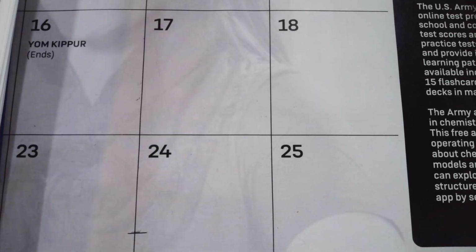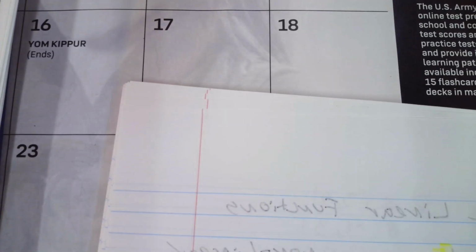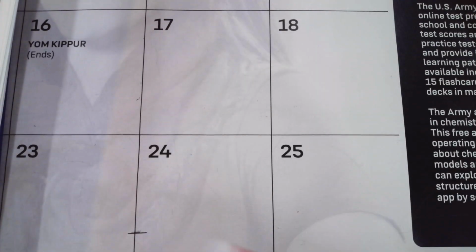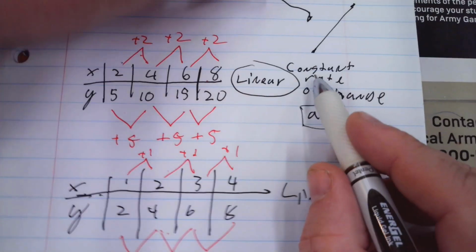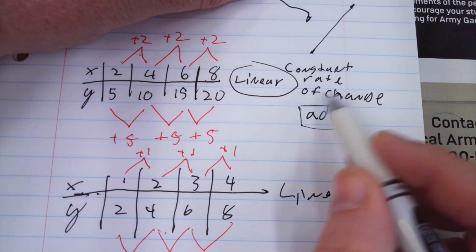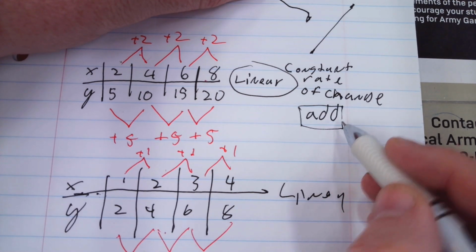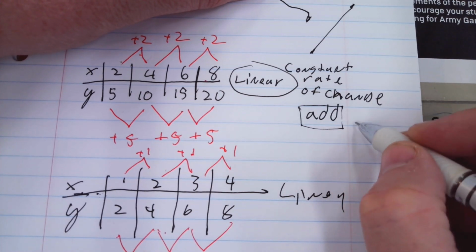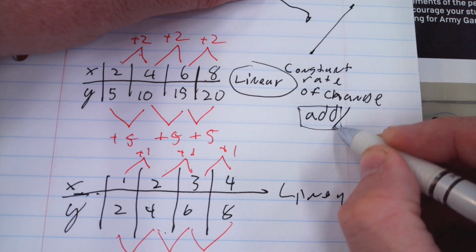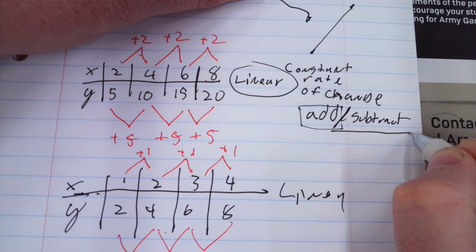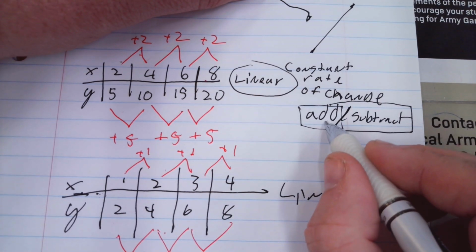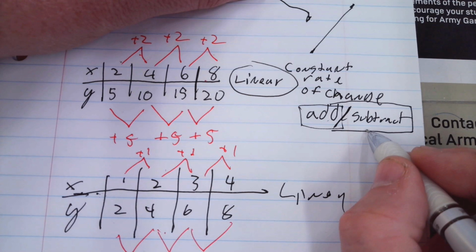I don't remember. Let's go back a page. It's supposed to be a constant rate of change, and I'm only going to add. And I guess I should say add or subtract, because add and subtract are the same thing. You might want to change that. Some people get confused. I usually say add because subtraction is just adding with negative numbers.